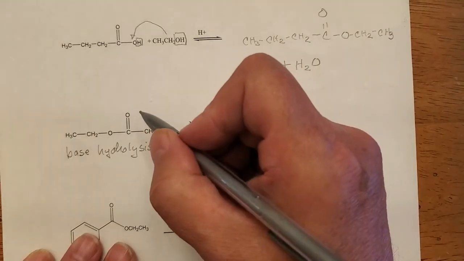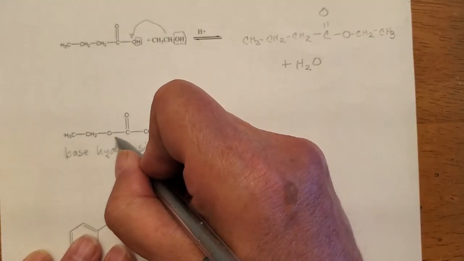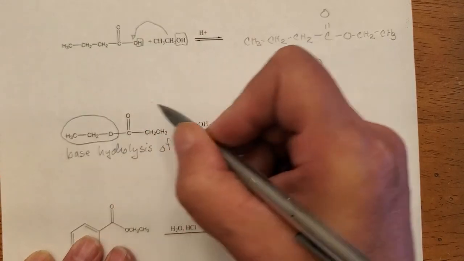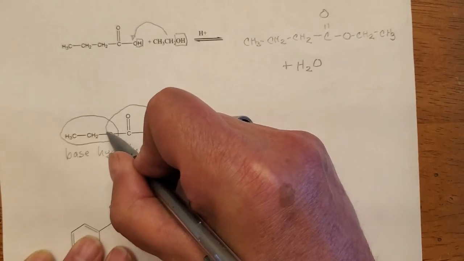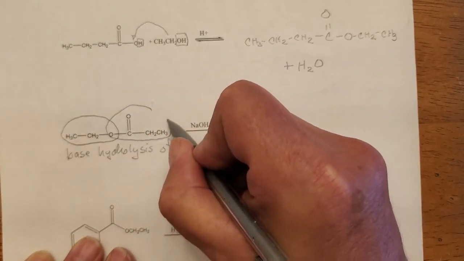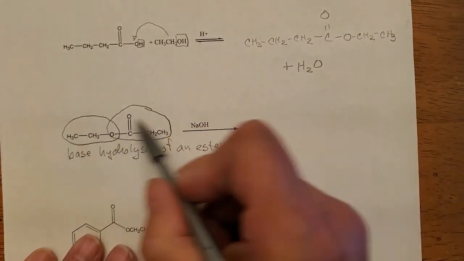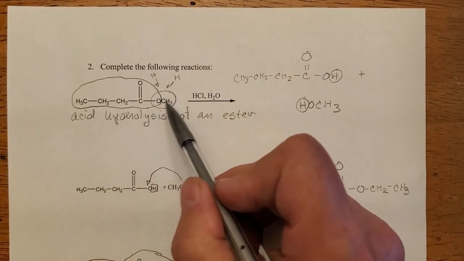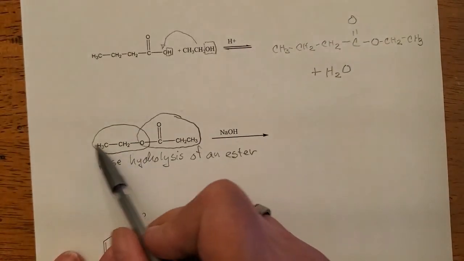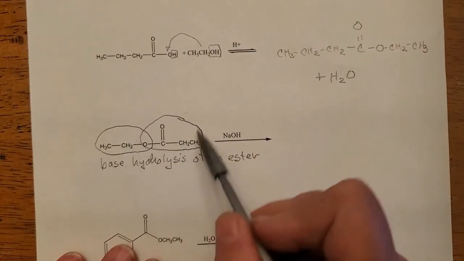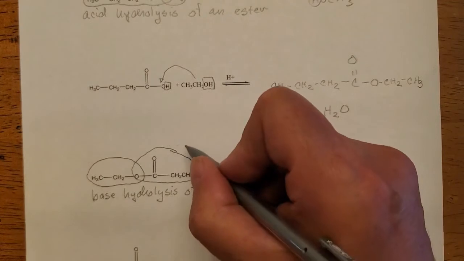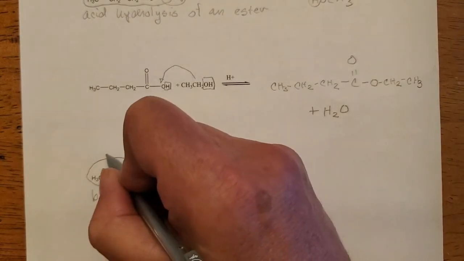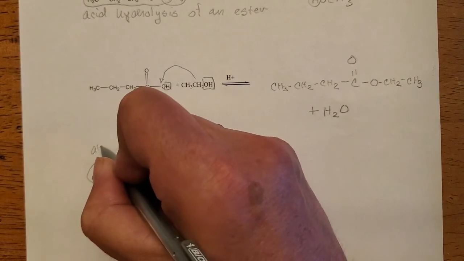Once again, we can circle, that's going to be the alcohol portion. This is going to be the acid portion. And as you can see, the direction is different. Here the acid comes first and the alcohol comes second. Here the alcohol comes first and the acid comes second. So just make sure you know that this is the acid part of it and that this is the alcohol part of it.